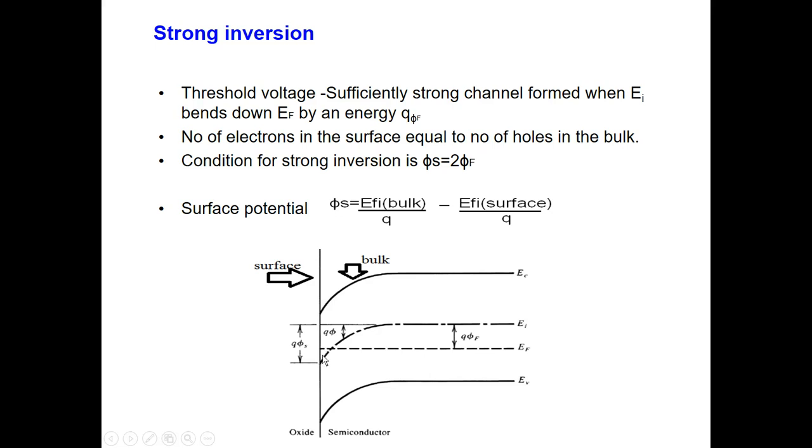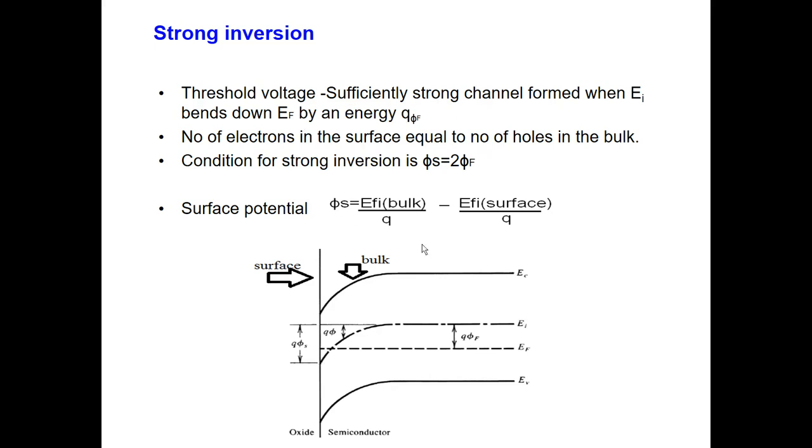That condition is called strong inversion, and the voltage required for strong inversion is called the threshold voltage in the case of ideal MOS capacitors. So the threshold voltage is when a sufficiently strong channel is formed, when Ei bends down below EF by an energy Q phi F.